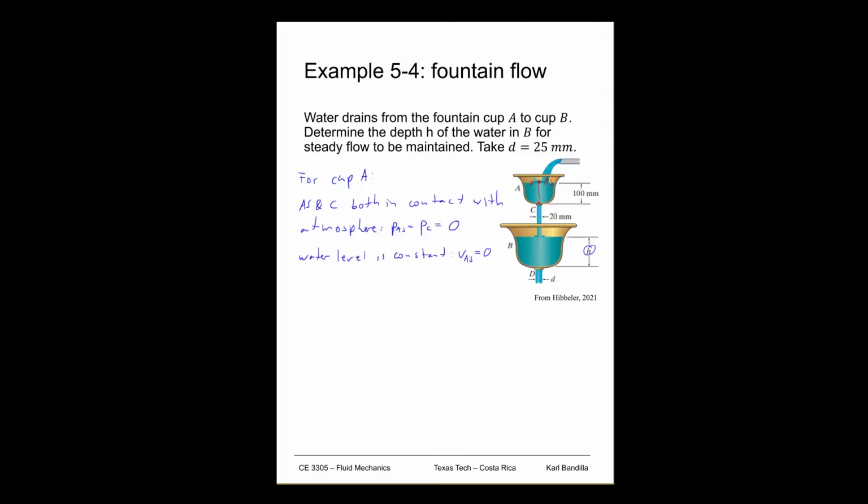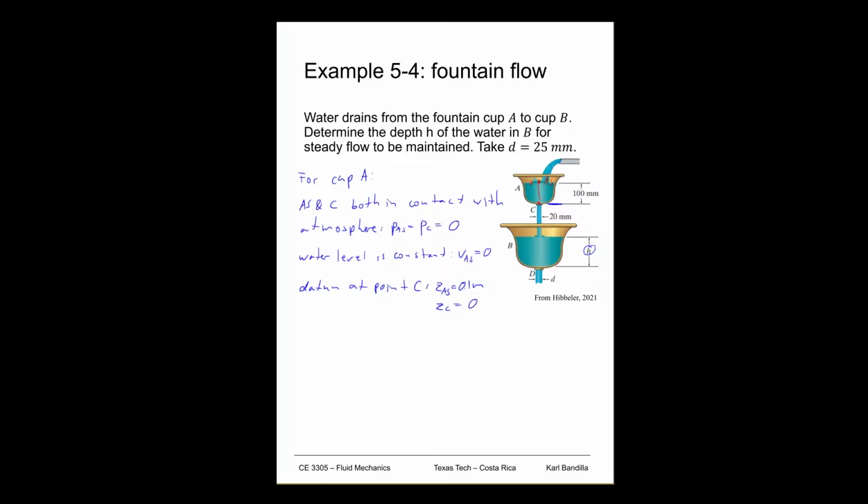And then lastly, we have to set ourselves a datum. We'll set ourselves a datum at the bottom of the cup, datum at point C. What does that mean? That means that my ZAS, if I count from there, is just going to be 0.1 meters, and ZC is equal to 0.